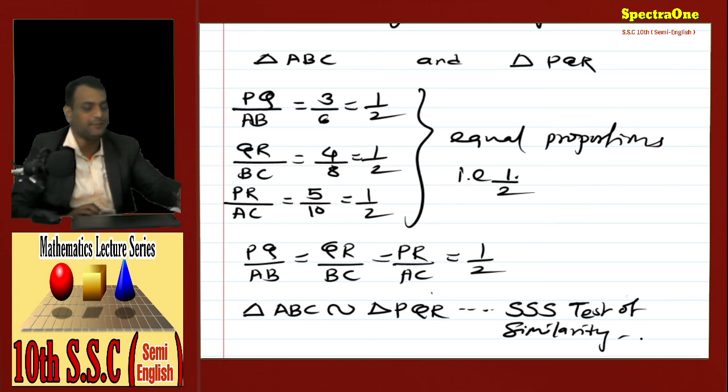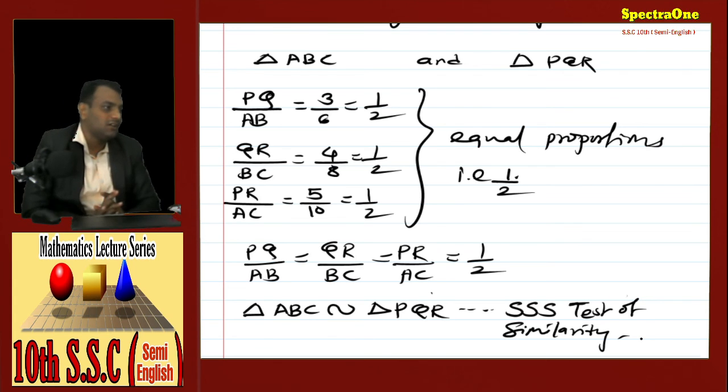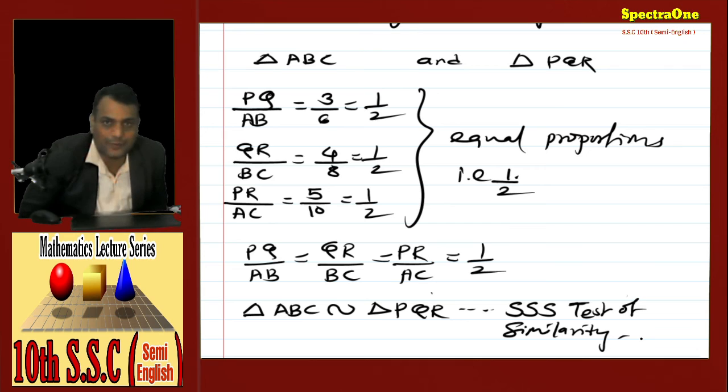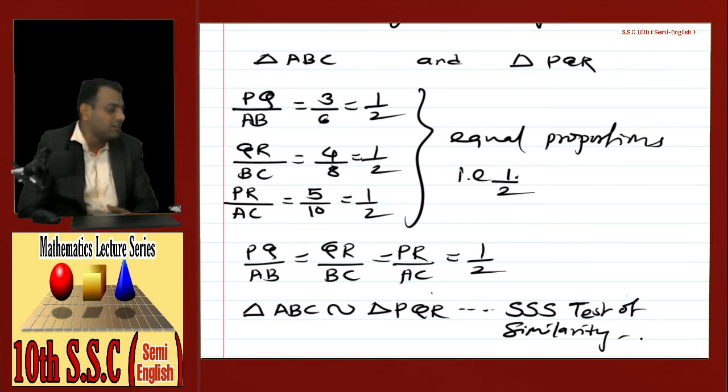Triangles are similar. Okay. Very simple example is given. Sides are given, and we have to find by which test the triangles are similar. So, in the given example, these two triangles are similar by side test of similarity. Okay, friends, we are going to stop here. In the next lecture, we will come up with a few more examples on tests of similarity. Okay.